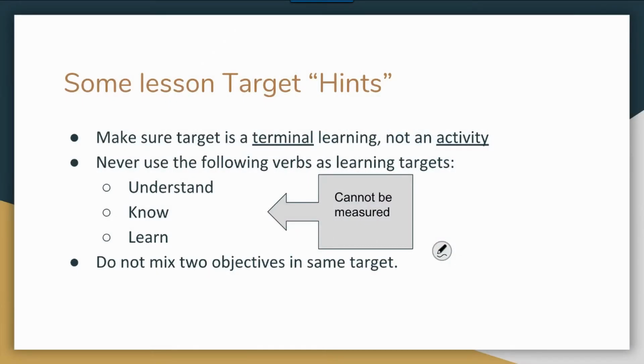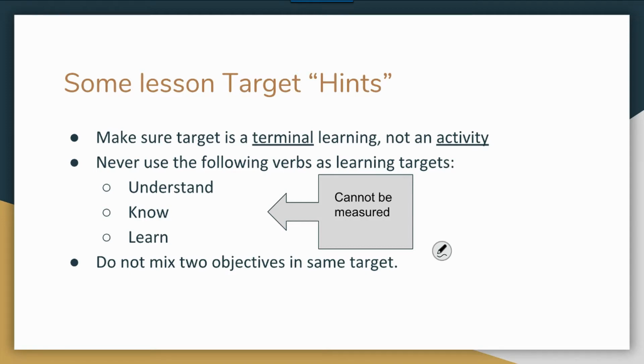Another thing that I want you to avoid are these terms. The learner will understand how photosynthesis works. The learner will learn how to write an effective editorial. The learner will know the causes of the American Revolution. What's problematic is that you cannot measure those words. You won't know when a student understands anything, or what they know.